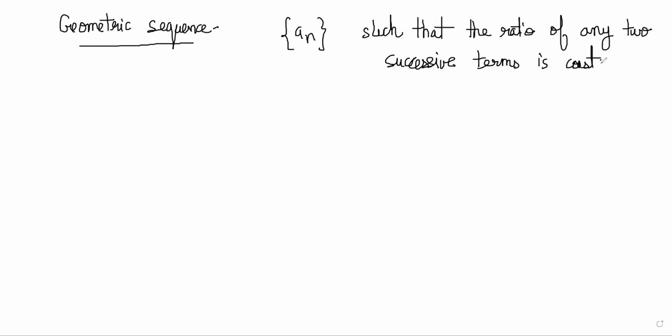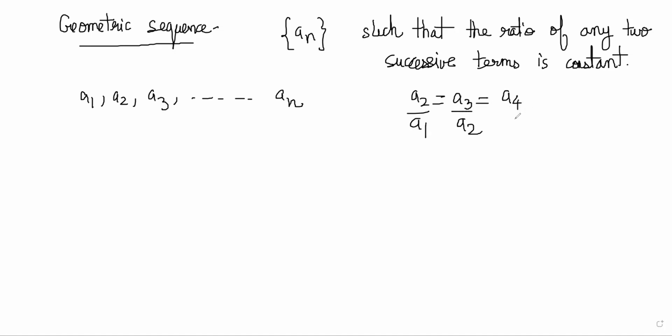That kind of a sequence is called a geometric sequence. So what happens here? If you write the terms here, a1, a2, a3 till an, we have a2 by a1 is equal to a3 by a2 is equal to a4 by a3 and so on, is equal to r. Let's say this ratio is called r. So this becomes the common ratio.